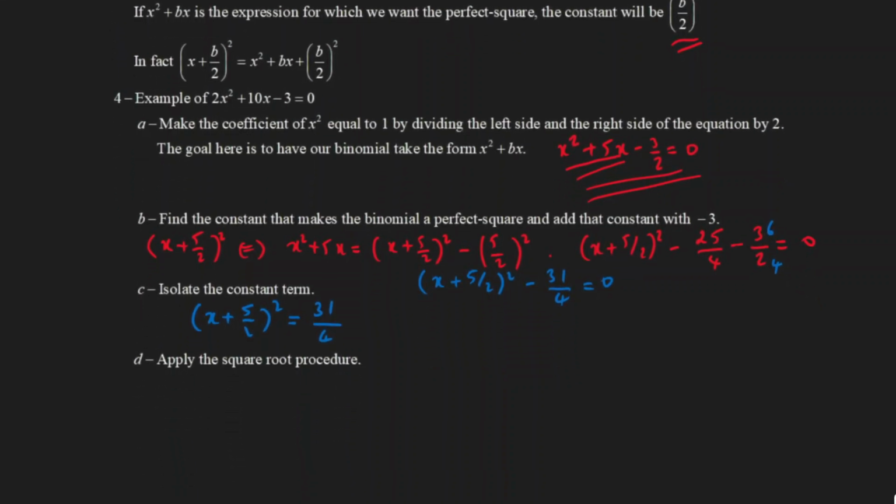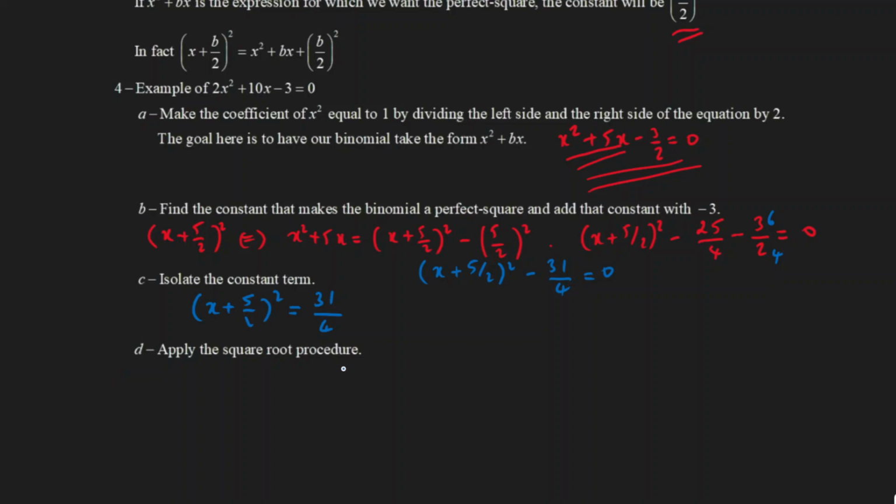So here, by applying the square root method, this equation will become the absolute value of x plus 5 divided by 2 equal to the square root of 31, and the square root of 4 is 2.